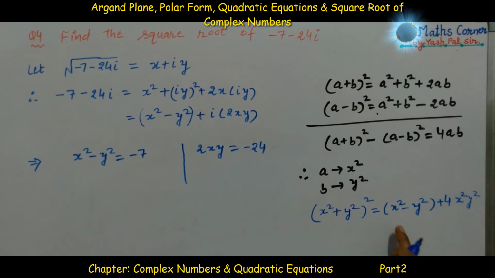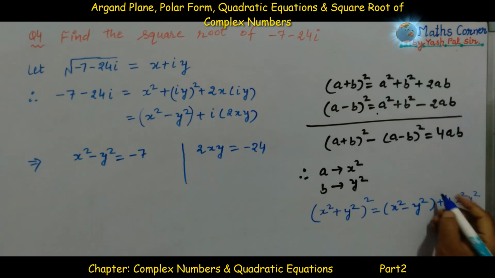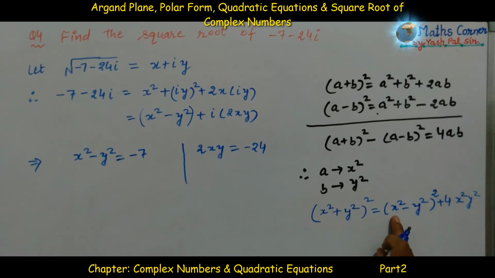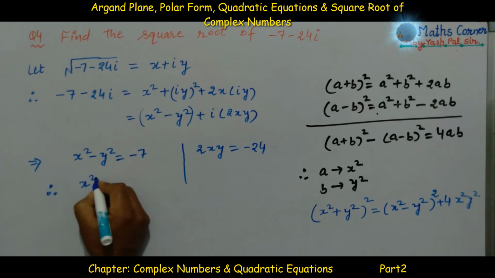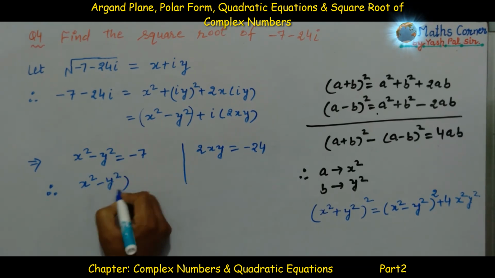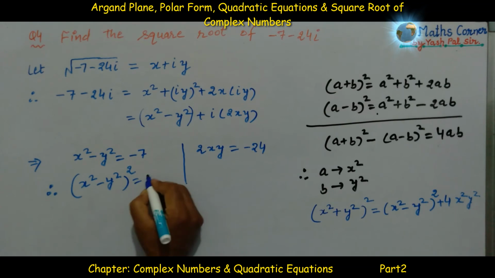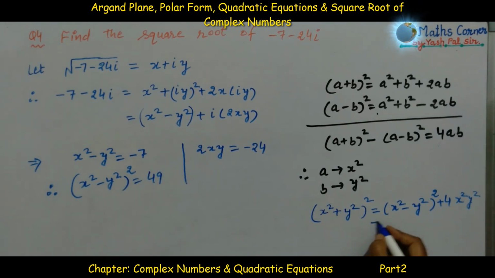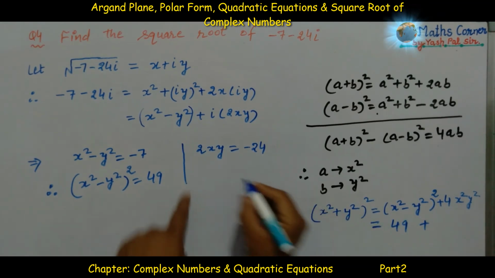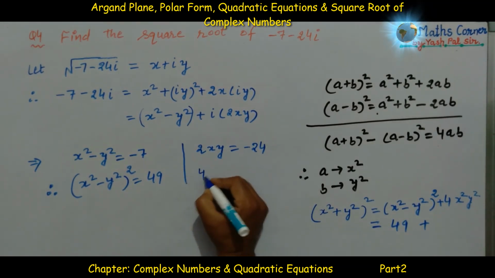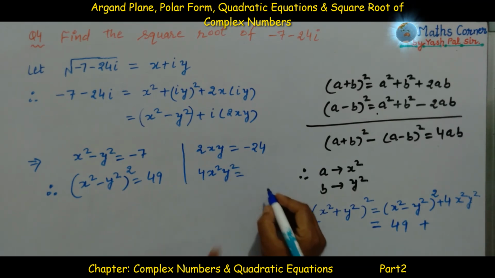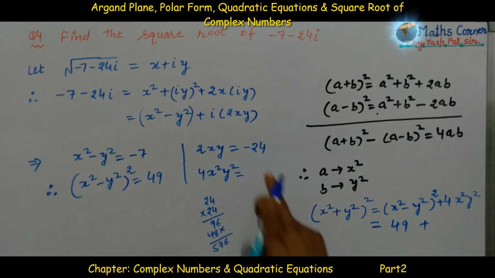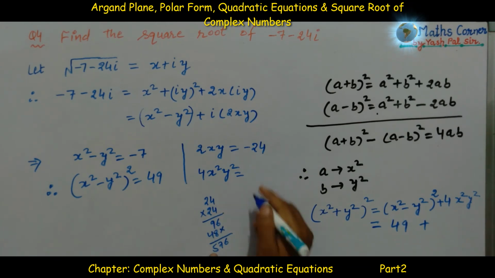Now the value of x square minus y square whole square is equal to 49, so we put 49 here, plus, from squaring both sides of 2xy equals minus 24, 4x square y square, which is 24 into 24, that is 576.